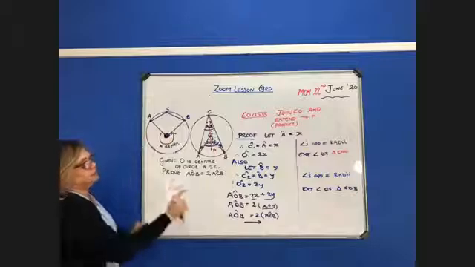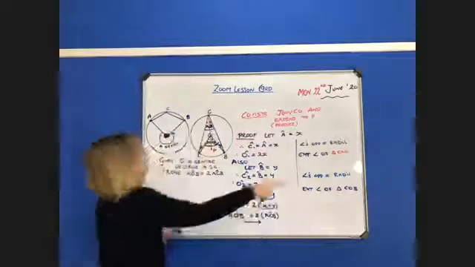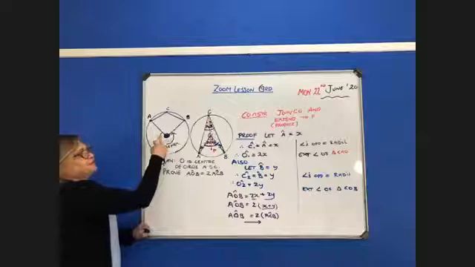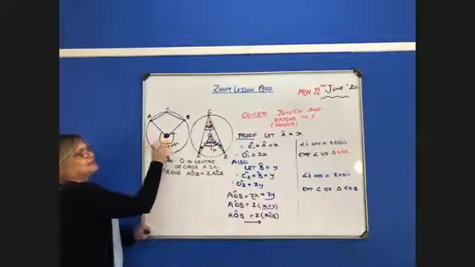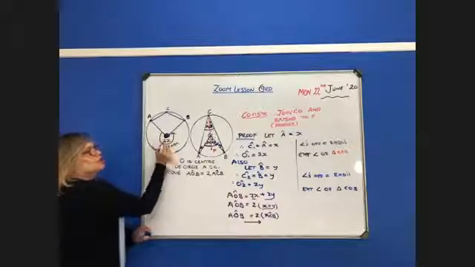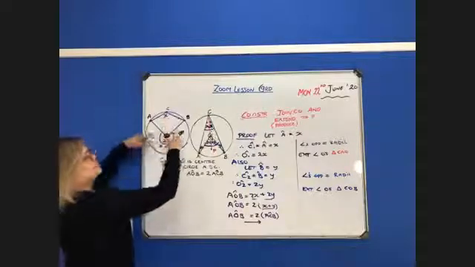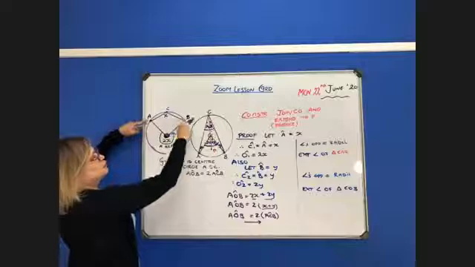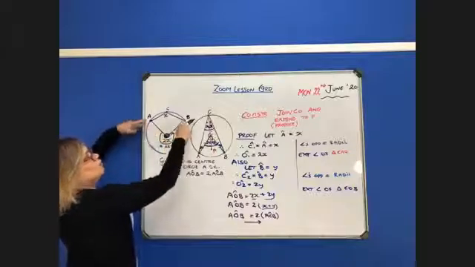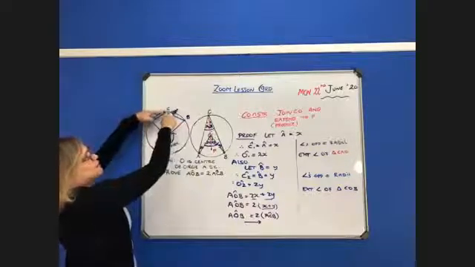Now, I'm going to prove to you with the exact same proof that the reflex angle at the center is also double the angle at the circumference.